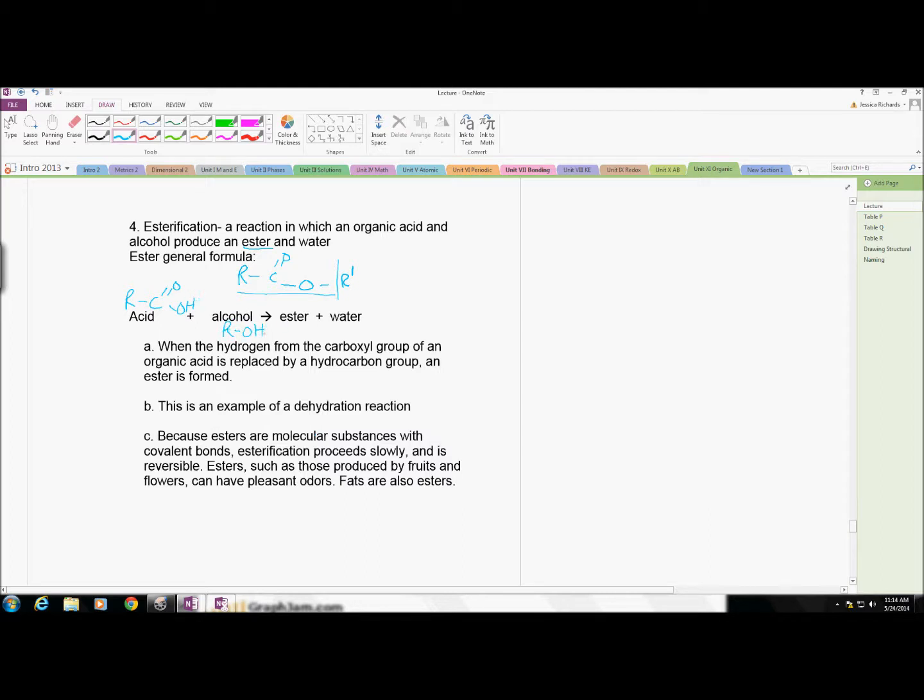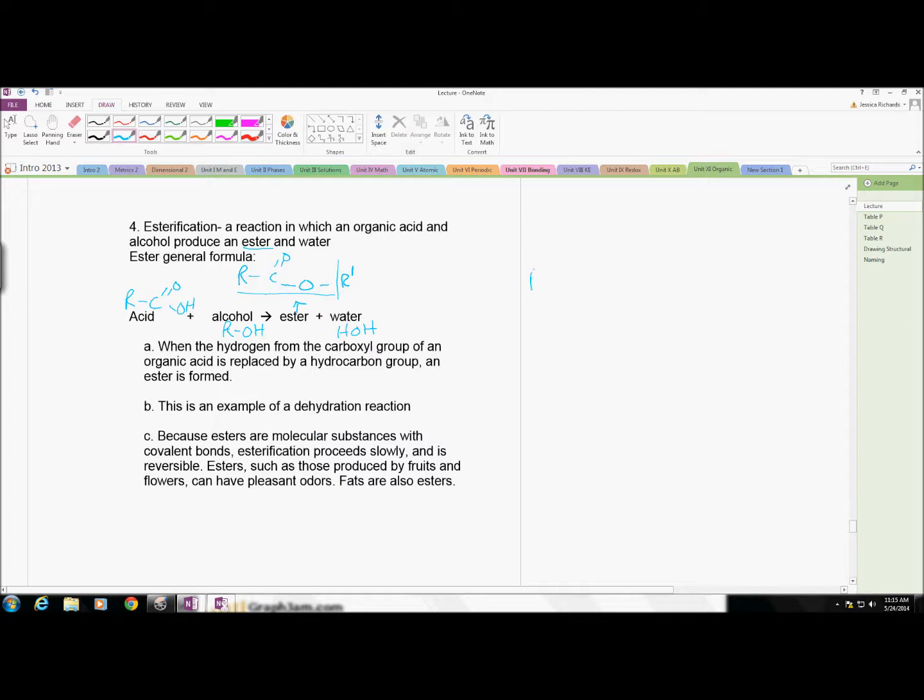The hydrogen from the acid and the hydroxyl group from the alcohol make your water, and then the leftovers make your ester. It's called dehydration. Remember that the part of your ester that has the double bonded O and the other O came from the acid, so we can figure out which acid and which alcohol any ester was made from.